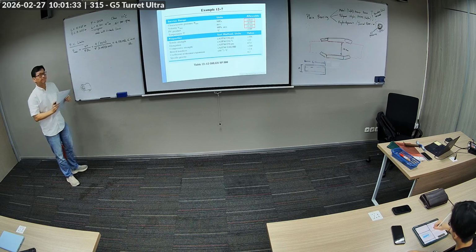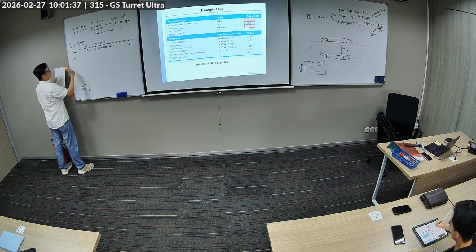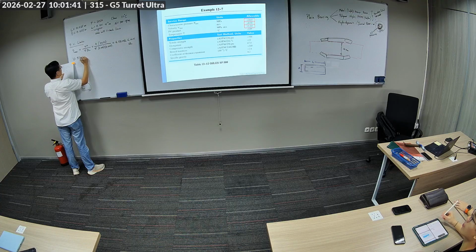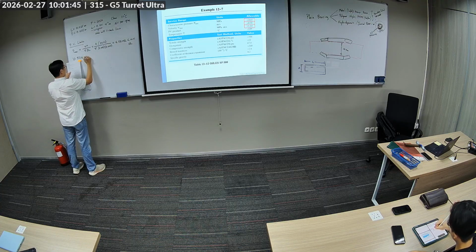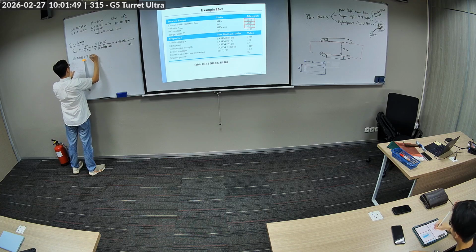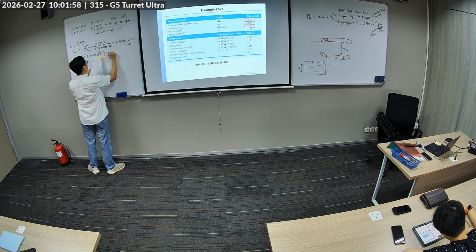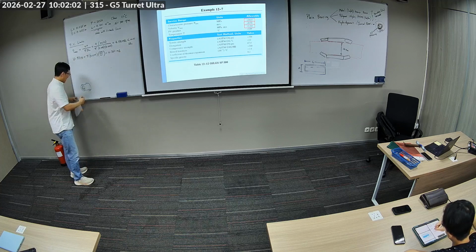That's a material limit. Beyond that, you're going to destroy the material. So V, maximum V is pi Vn. So this is the velocity of the shaft at the surface, in meters per second.